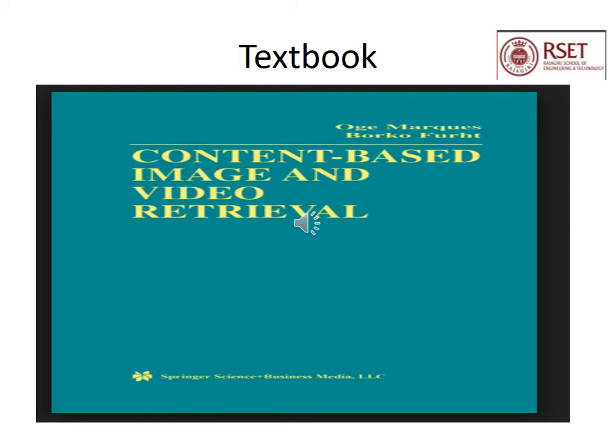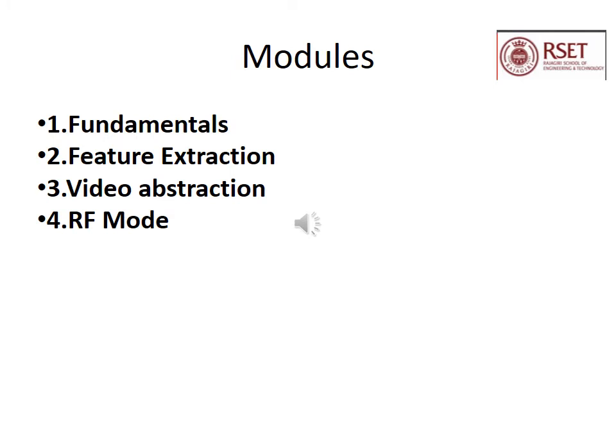The textbook we are referring to for the subject is titled Content-Based Image and Video Retrieval, written by Ogo Monk. There are mainly 4 modules in the subject. The first module deals with the fundamentals of content-based image and video retrieval, and the second module deals with feature extraction.